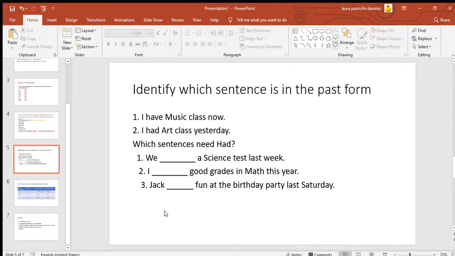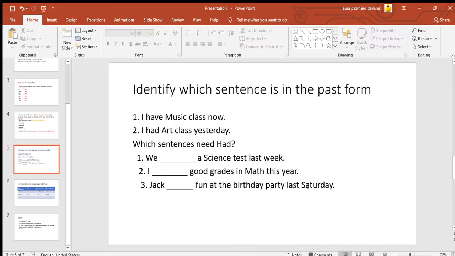Perfect. On sentence number 1, you look at the words last week, the time expression word. If you look at these two words, we know that this sentence is in the past tense form, so we need to write the word had. Sentence number 3, Jack and the time expression words last Saturday.